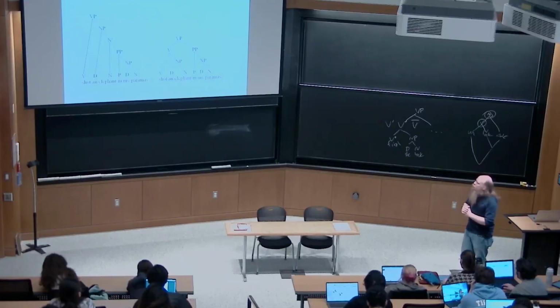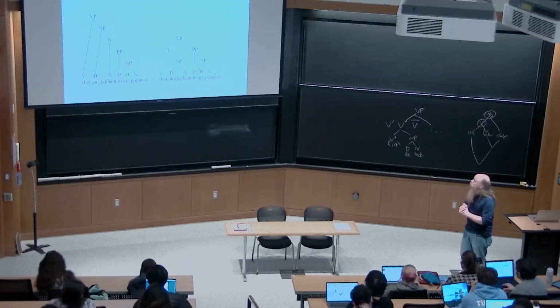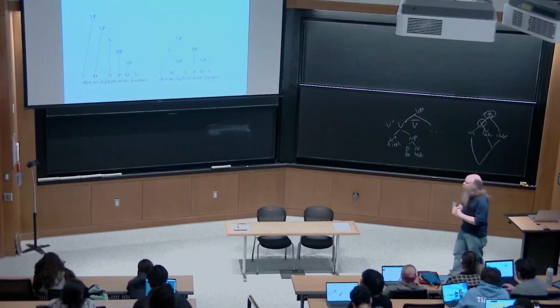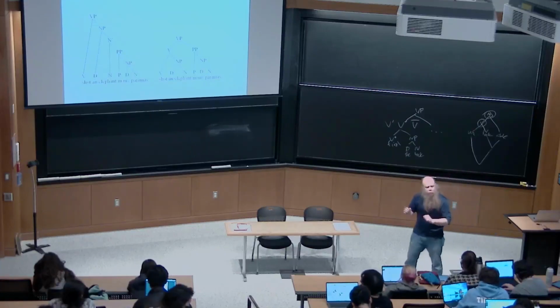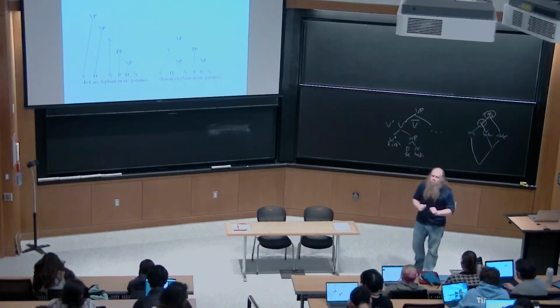I think there isn't supposed to be a general preference for trees like the tree on the left. I think this is just supposed to be a case where, in principle, it's ambiguous. But people who work on processing have found places where there's a preference for one kind of tree over another. So that is something people work on.